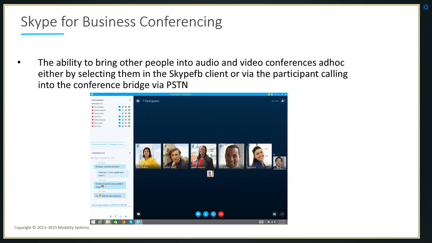With Skype for Business, certainly you see everybody's video all at the same time. So you know who's listening, who's not listening, I guess. Also, on the left-hand side of this panel, it allows people to invite more people into a meeting ad hoc style, or allow people who are maybe joining via a mobile phone or a desk phone external to your company to join the meeting as well.